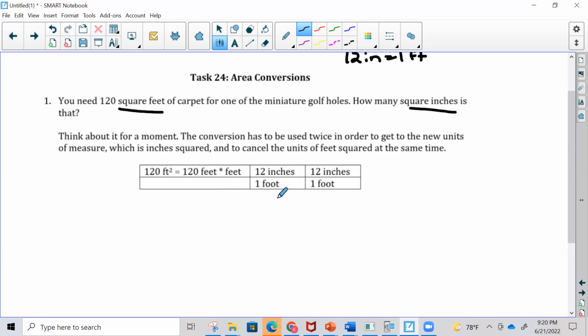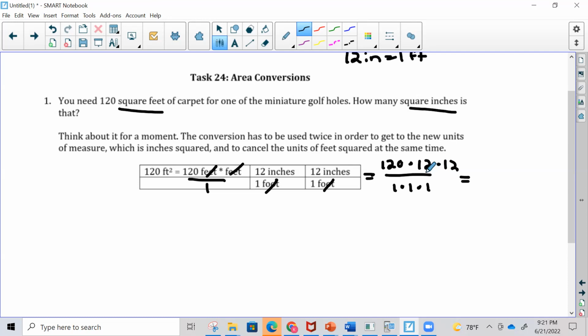And I need both of these feet to cancel out, so I have to multiply this by the conversion factor twice. This first one would cancel the first foot, and then the second would cancel the second foot. And then again, we multiply our numerators together and denominators. So we would do 120 times 12 times 12, and you can put this over 1 if you want, and then 1 times 1 times 1.